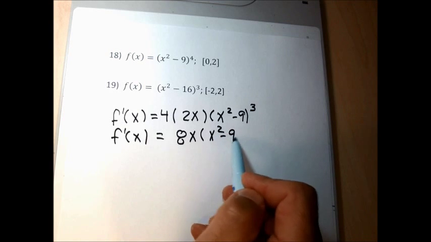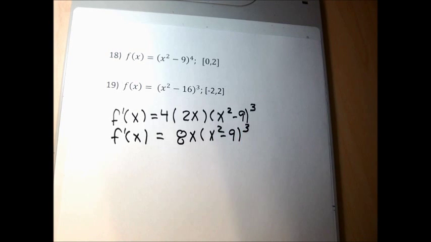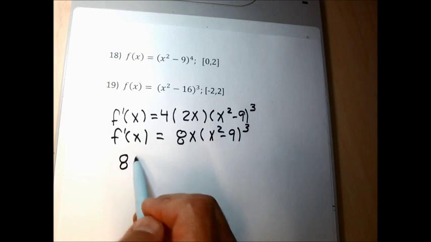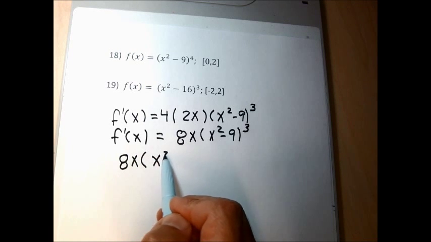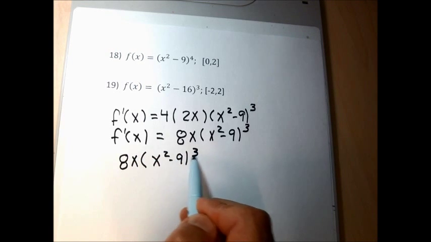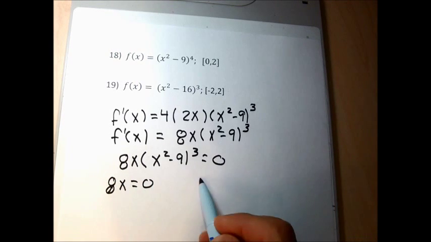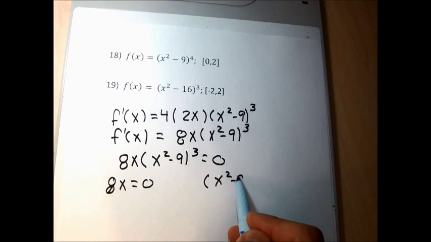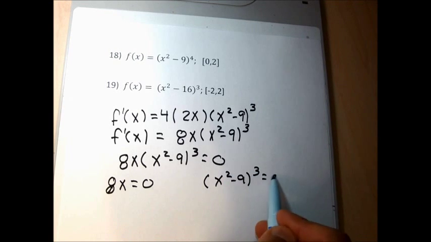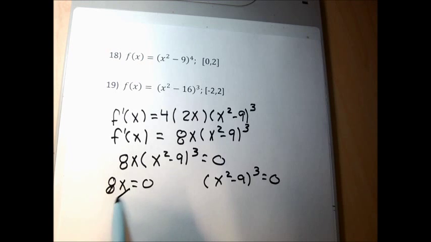Supposed to set this equal to 0, so I'm going to go 8x times (x squared minus 9) cubed equal to 0. It's already factored, so now I'm just going to go 8x equal to 0, (x squared minus 9) cubed equal to 0. For the 8x equal to 0, you divide both sides by 8 and get x equal to 0.